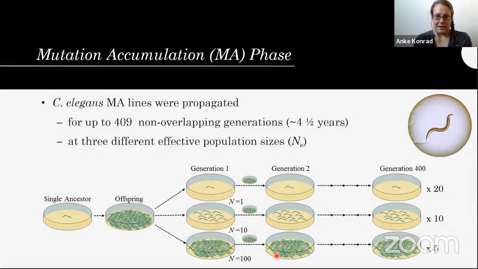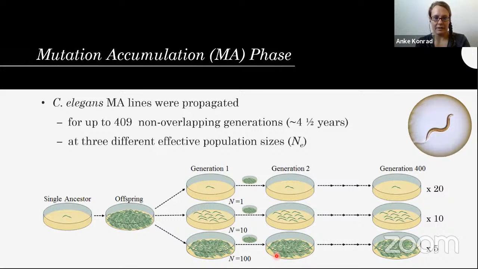But essentially, here the mutation accumulation was taken one step further in the sense that in addition to having a single population size at the minimum size possible, we also propagated these worms at 2 larger population sizes, of size n equals 10 and n equals 100.